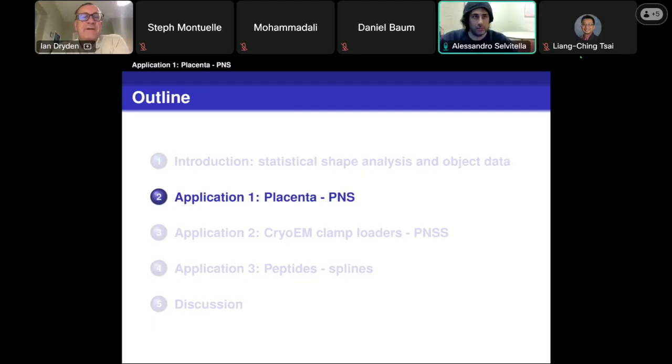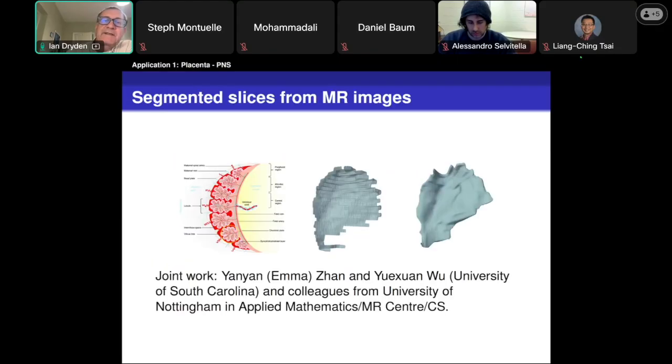Okay. So the first application is some analysis of human placenta images. This is an ongoing project, and we haven't spent too long on it yet, but I thought it would be interesting to use as an example. We've got the human placenta, with the maternal side over here, and the fetal side over here, the umbilical cord.